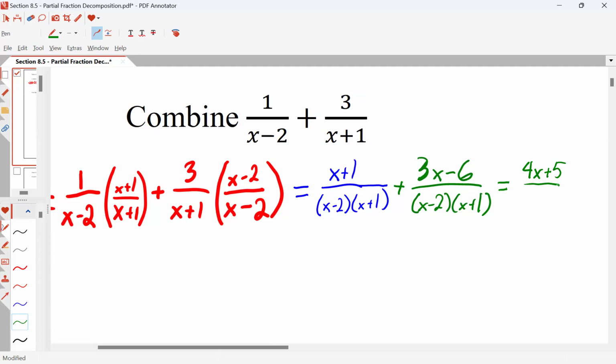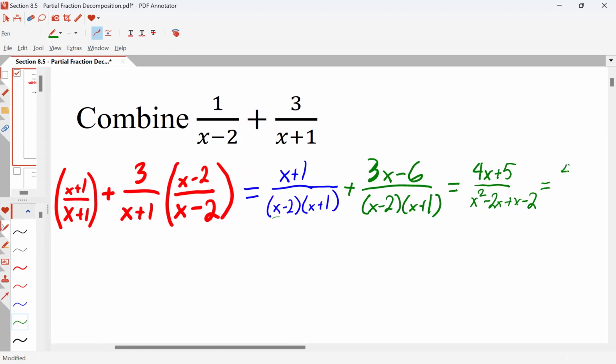The denominator, I'm going to now multiply that out to get the quadratic. This would be x times x is x squared. Negative 2 times x is negative 2x. 1 times x is 1x. And negative 2 times 1 is negative 2.